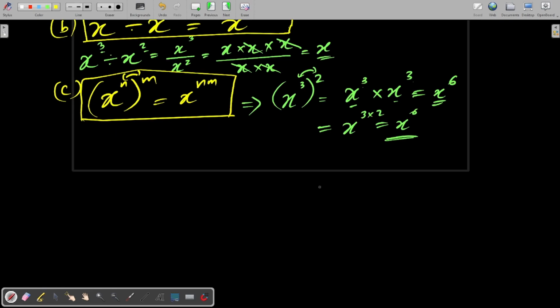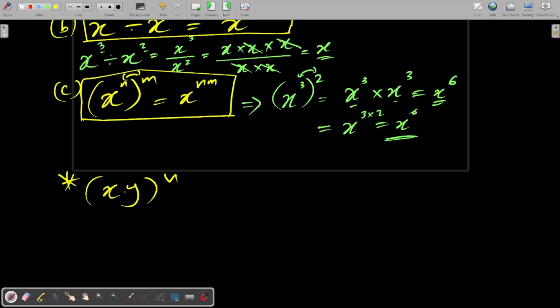There is another scenario that is worth knowing with the index laws. I will note it here. Consider a situation where we have x times y, all to the power n. So there are two terms inside the bracket and the power of the index is outside the brackets.